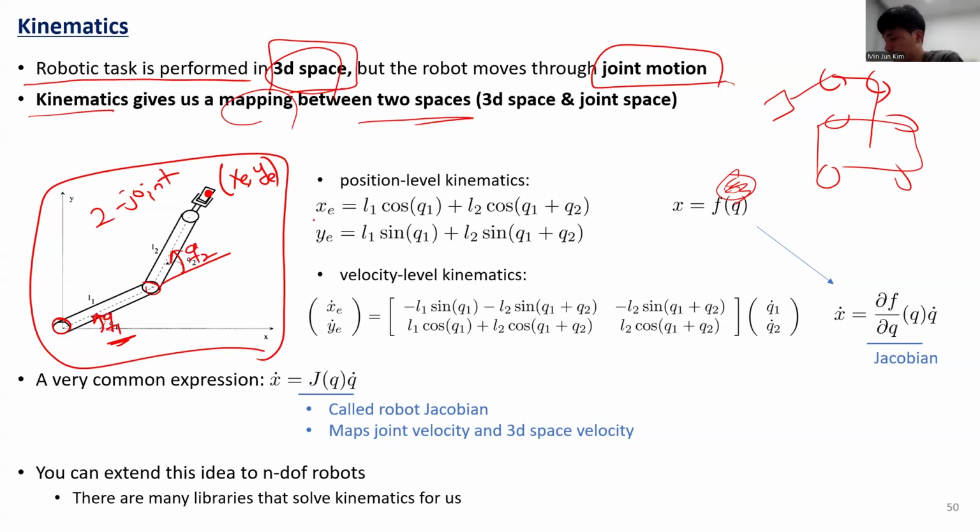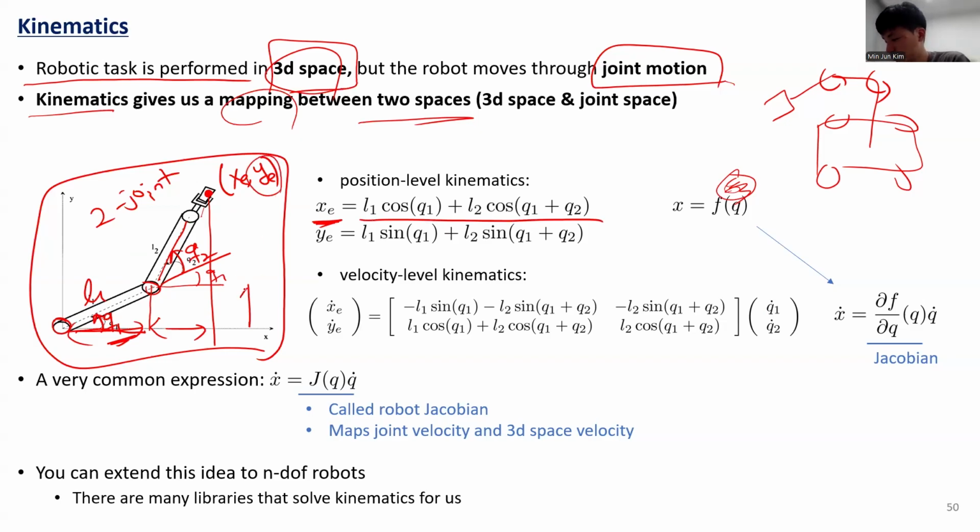And then what's the xe value? That's L1 cosine Q1, right? Plus L2 cosine of Q1 plus Q2, right? This one plus this one. So xe is just the summation of two lengths. What is ye?